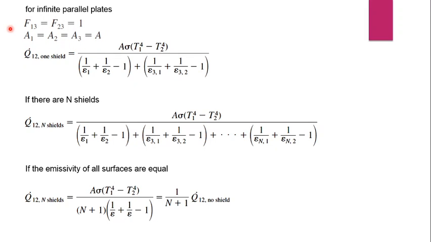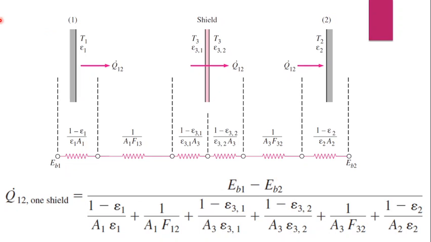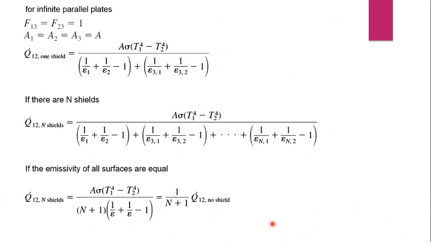So when we put these values in this formula, we find this expression. What they have done is taken A, this area, common, and then they found this expression, and then they rearranged this denominator, right? As you can see, this part is 1 divided by epsilon 1 plus 1 divided by epsilon 2 minus 1.